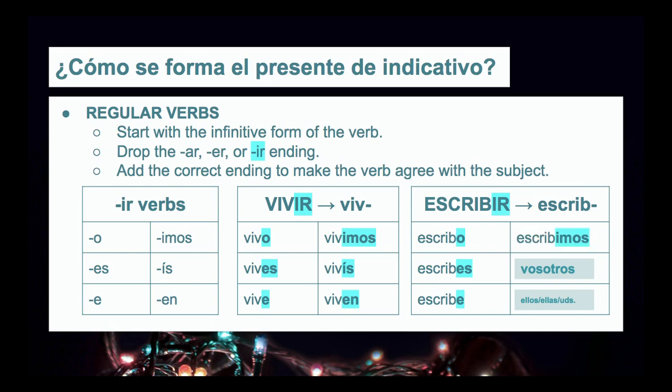Nosotros escribimos, vosotros escribís, ellos escriben, ellas escriben, ustedes escriben.